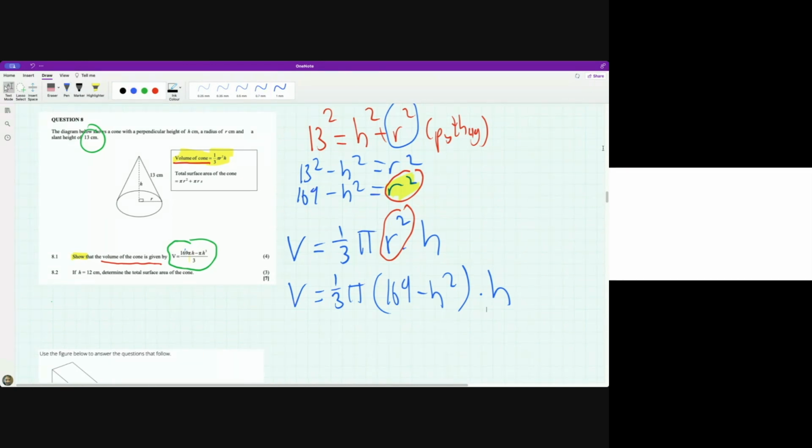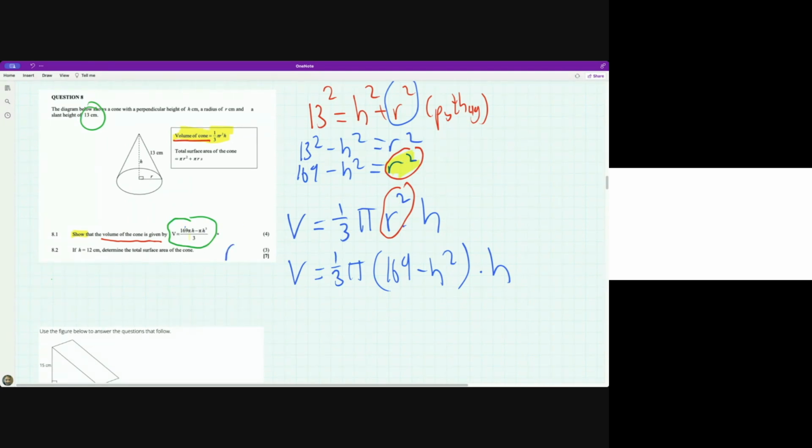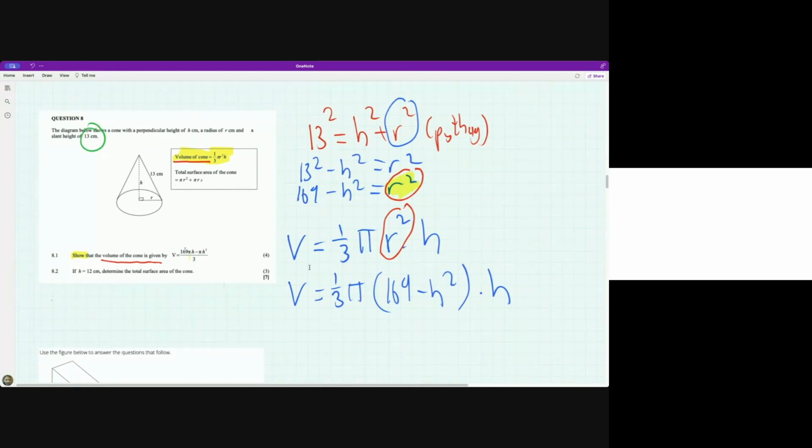Don't worry though, it's a tricky one. I'm basically using this relationship, which is Pythagoras, making r squared the subject of the formula and putting it in there. The reason I knew to do that is there was no r in this formula. If I look at it now, there's only h's. So I needed a way to relate h and r together. Okay, last step. How do we get this to work?